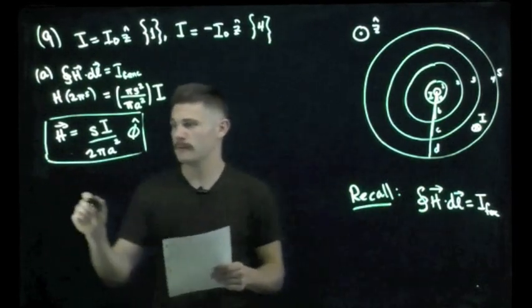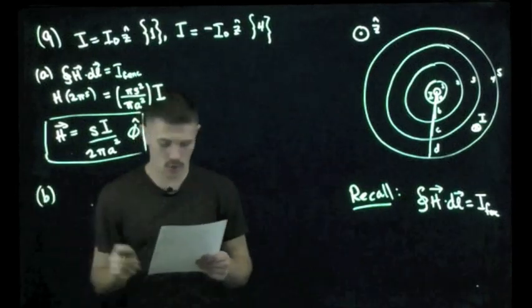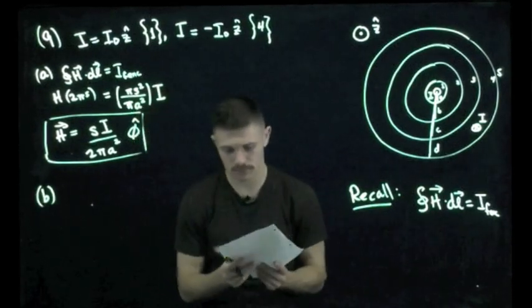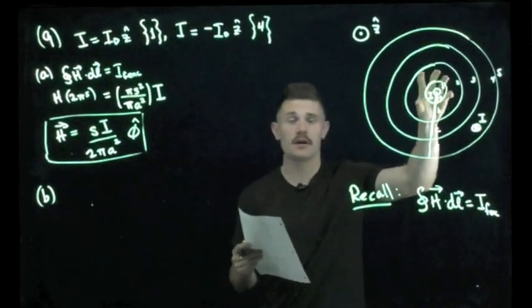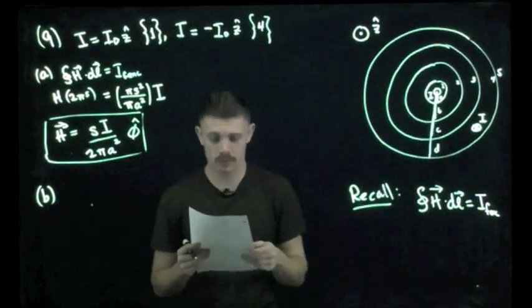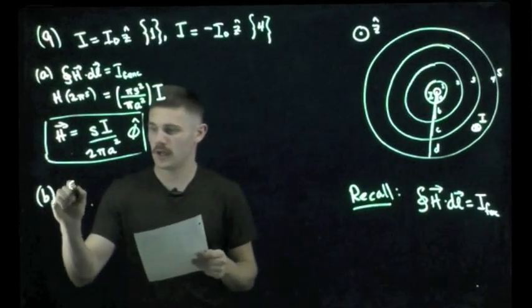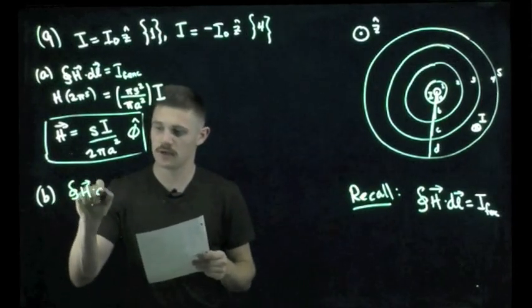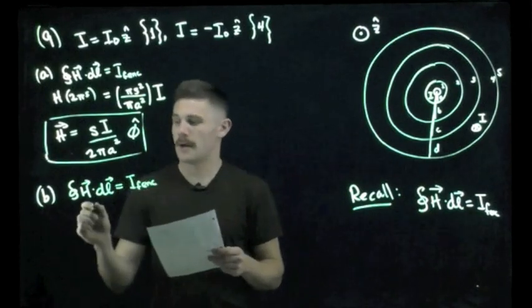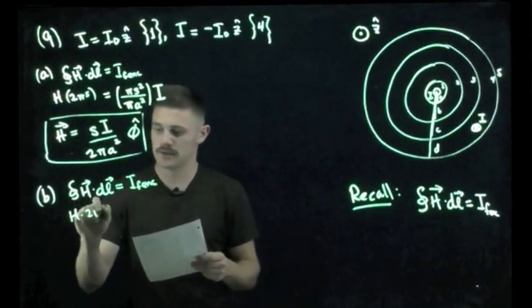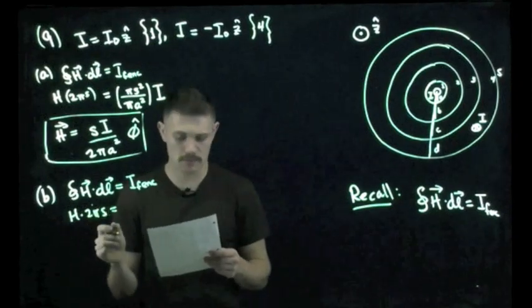For B, we are now looking at the auxiliary field in region 2, so in this space of air just outside of the inner coaxial cable. Again, we look at Ampere's law, which is H dotted with dl equal to the I free enclosed. Right away we have H times 2 pi S, because again, the left-hand side is the same.